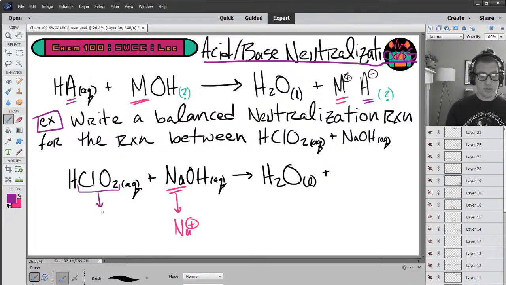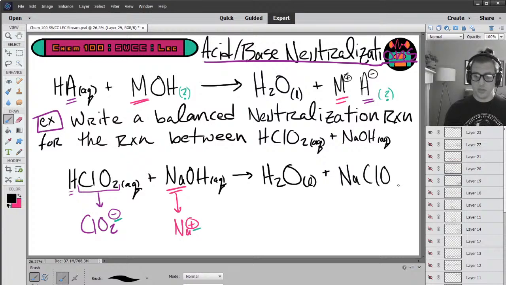So it's going to be ClO2, and we only have one H, which means we're going to have a charge of -1 left behind once you donate that proton. Now, these two are going to combine in a 1-to-1 ratio because you have a charge of +1 on sodium, a charge of -1 on chlorite. So these will combine as just NaClO2.